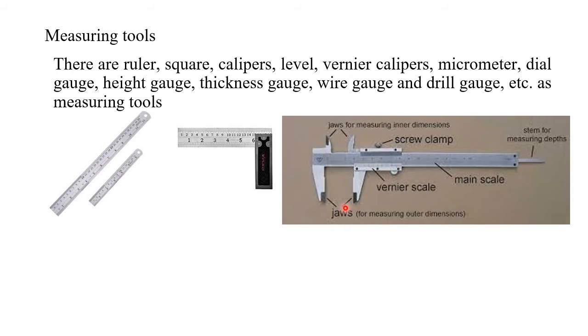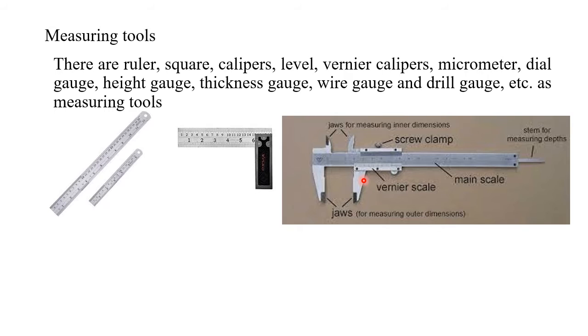When you take a measurement, which may be external, internal, or depth, what you will do is look here on the vernier scale and check where the 0 is. Then you will see on the main scale the number which is meeting with the 0 of the vernier, and that will be recorded, in centimeters or in millimeters.